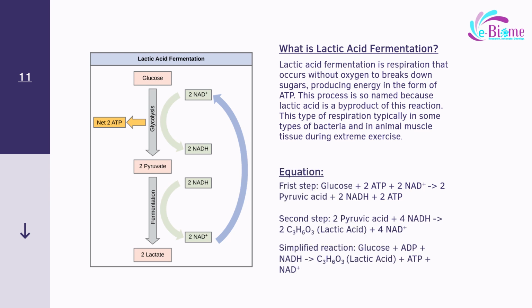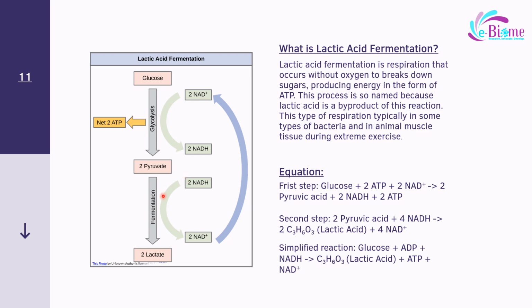In this diagram here, we can see that the process has two distinct steps. The first step is pretty much identical to glycolysis, where glucose gets broken down into pyruvate.